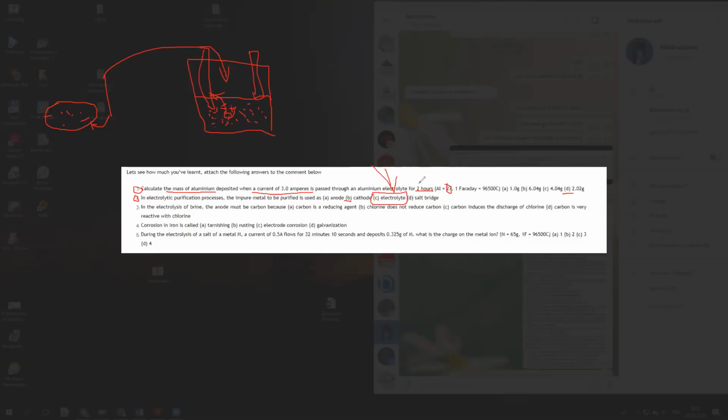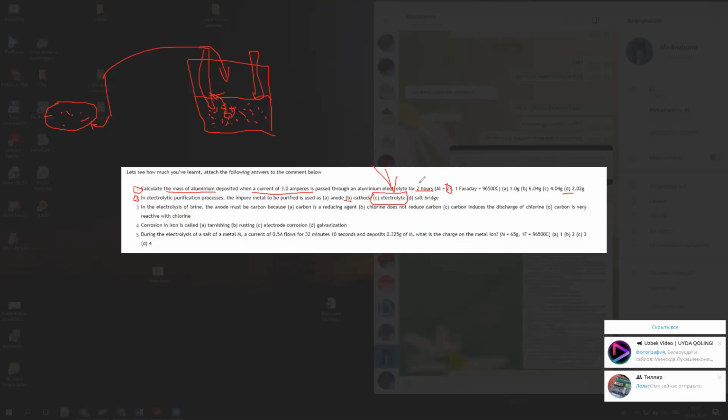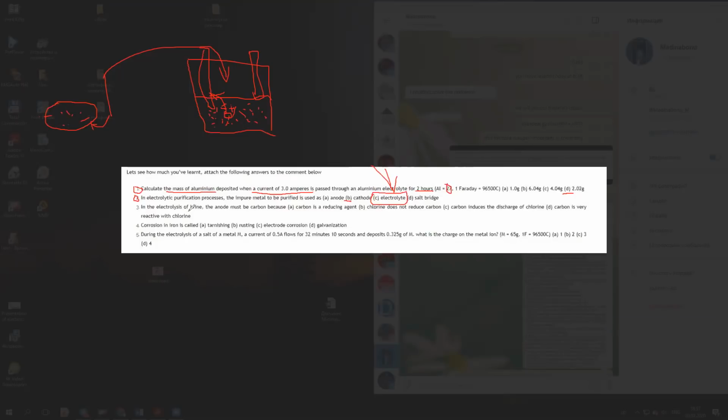So let's go to the next. In the electrolysis of brine, what is brine, by the way? I don't understand this question. Brine is impure water, seawater. It looks like seawater.